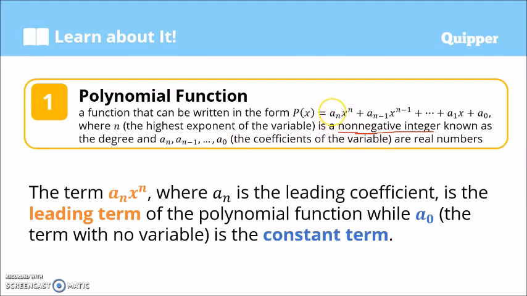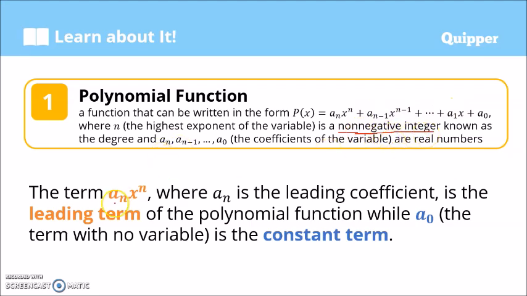So they stand for a numerical value, okay, numerical coefficient. These are real numbers. So, a sub n minus 1 hanggang a sub 1 hanggang a sub 0, those are real numbers. Okay? Unlike the exponents should be non-negative integers.